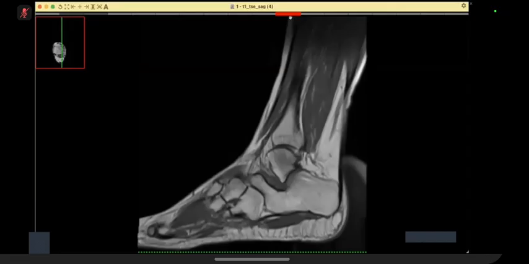Another case. In this case, this is a 13-year-old male, and we can see talar beaking here. And is there talar beaking on the other side? Maybe, but not very obvious. This is the left side where there is talar beaking.